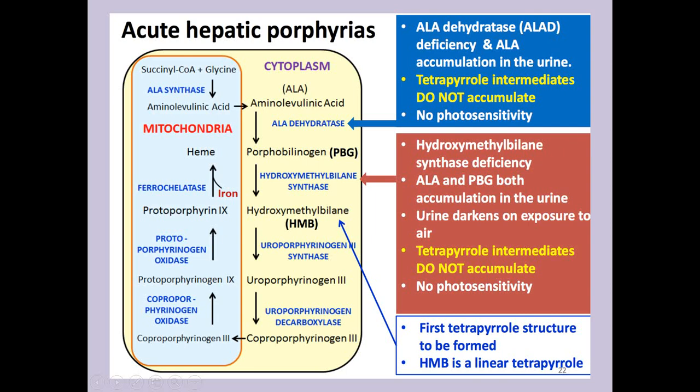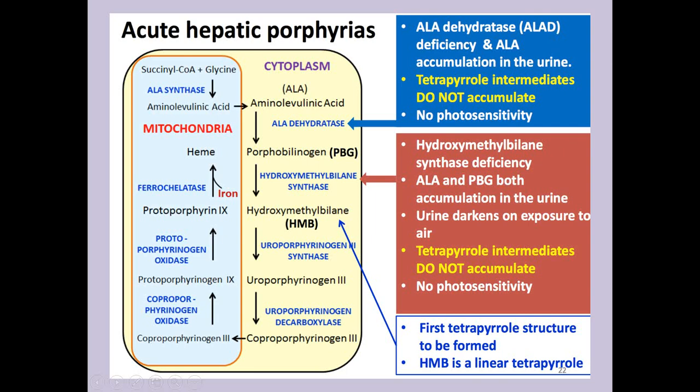Hydroxymethylbilane synthase deficiency will occur at this point. ALA and PBG both accumulate in the urine, and they cause the urine to change its color on exposure to air. Tetrapyrrole intermediates do not accumulate, and no photosensitivity is seen up to this step of deficiency.